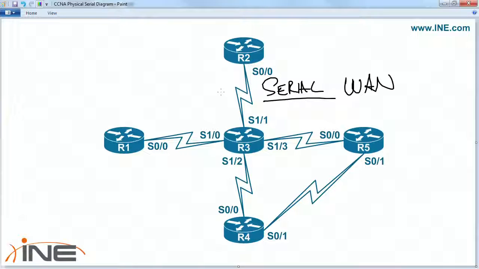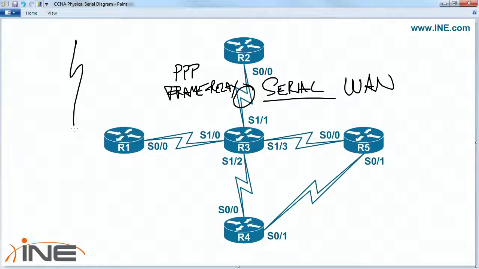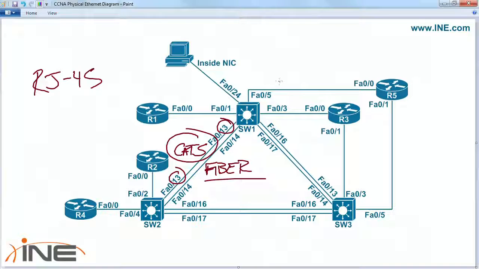So we'll talk about the properties of these, like the difference if I were to run the PPP protocol versus the Frame Relay protocol over these links. But that's what these lightning bolts look like in the diagram. Typically that's used to denote a serial link, where the ones that are just lines, most of the time, are going to be talking about Ethernet.